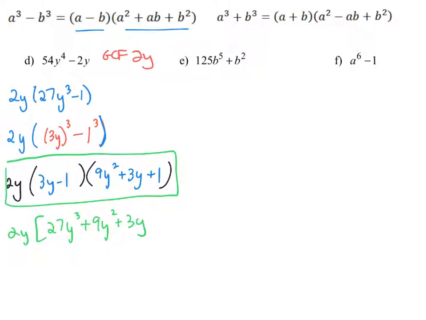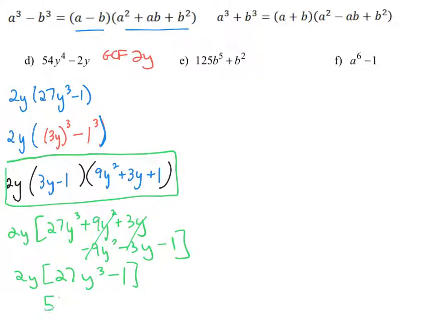And then when you distribute the negative 1, you get minus 9y squared minus 3y minus 1. Simplify this, keeping that 2y out in front. We get 27y to the third minus 1, and then distribute the 2y to get 54y to the fourth minus 2y.